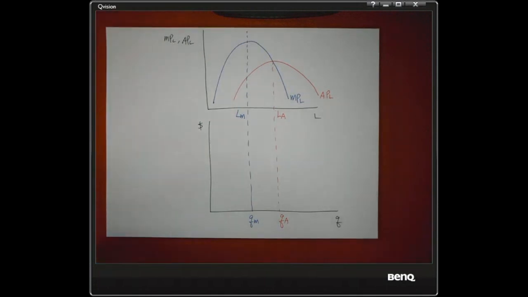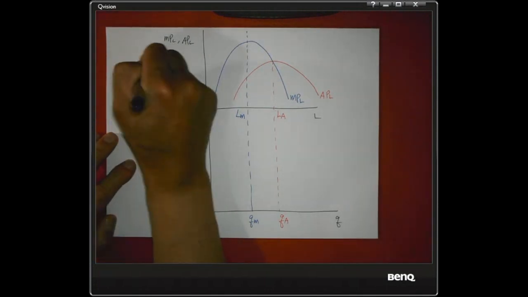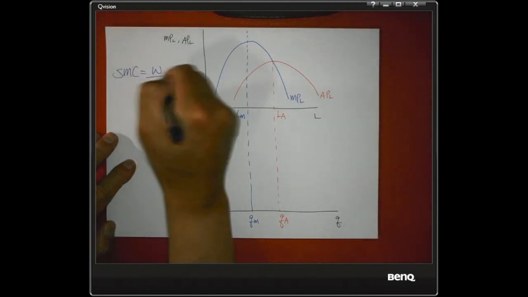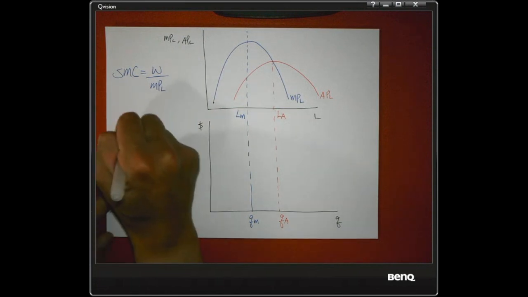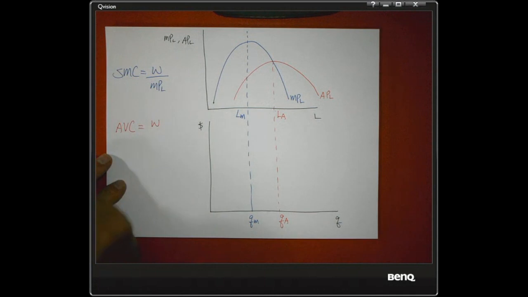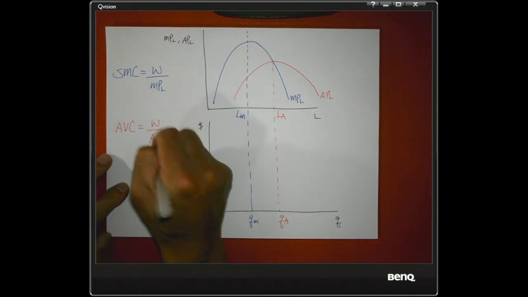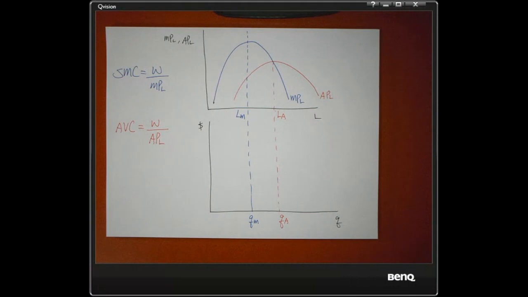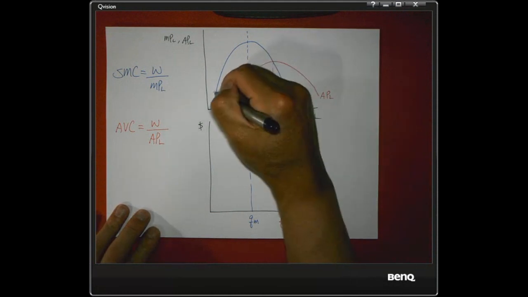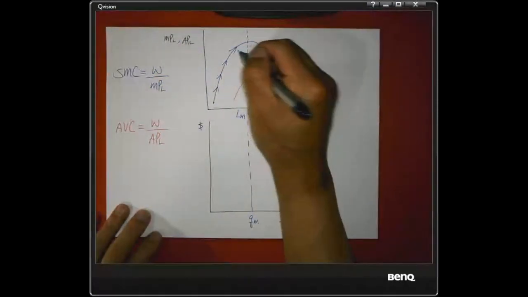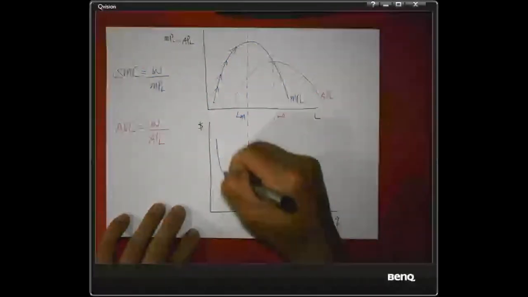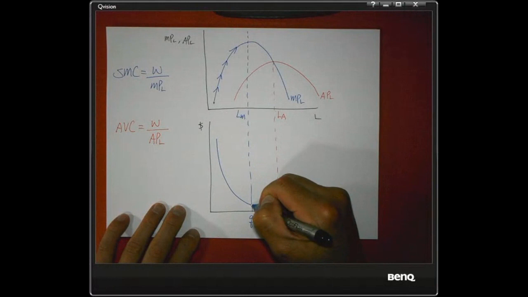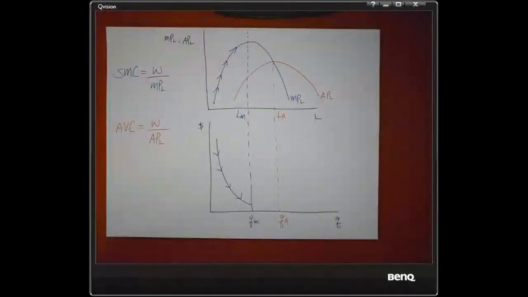And now, what do we see? Short-run marginal cost equals the wage divided by the marginal product of labor. And the average variable cost equals the unit cost of labor divided by the average product of labor. As marginal product rises, cost must be falling.